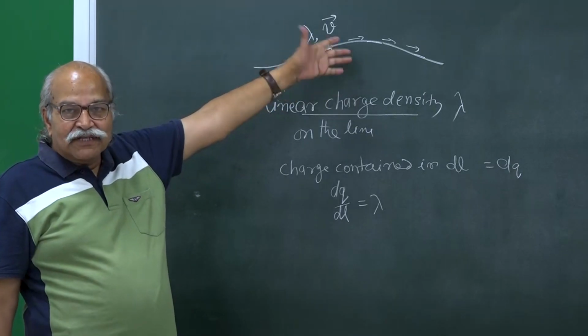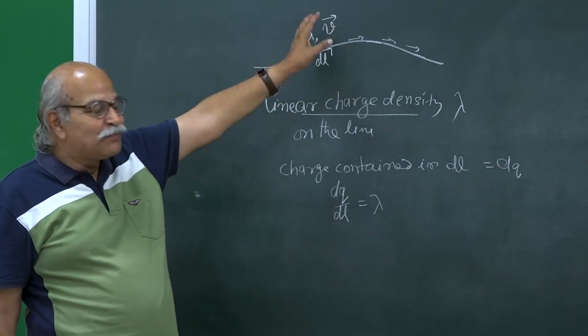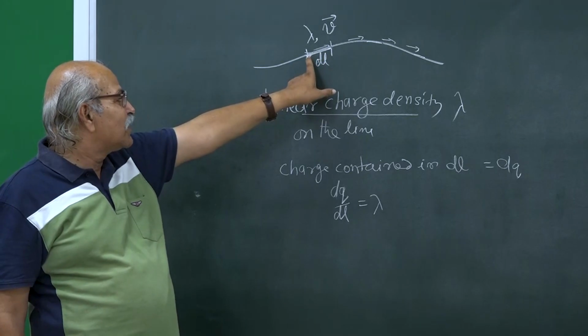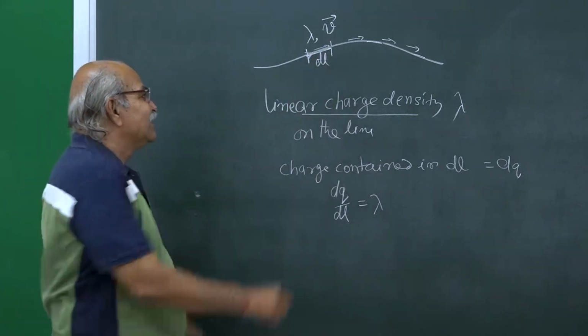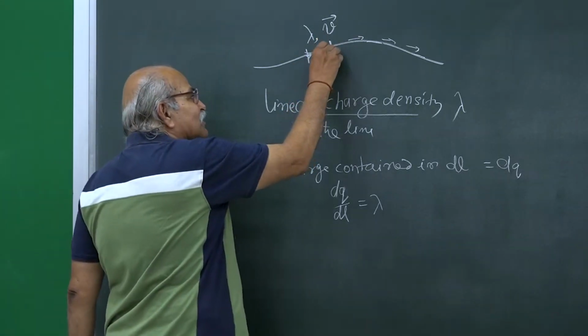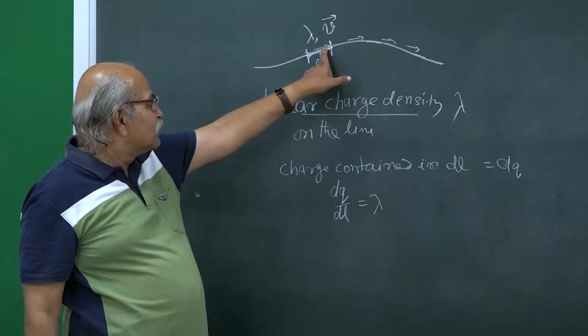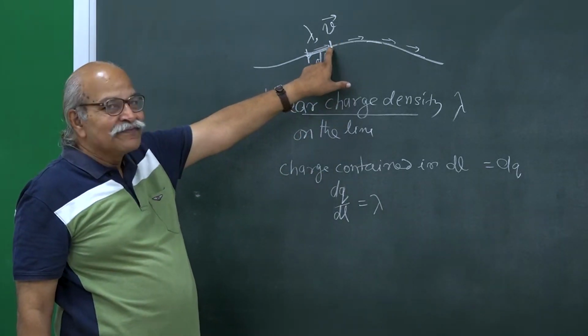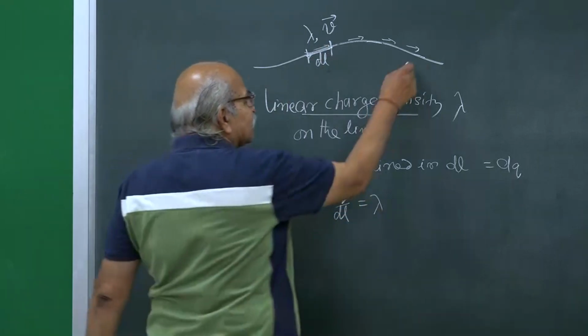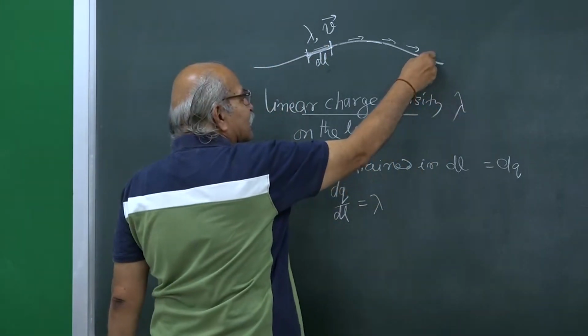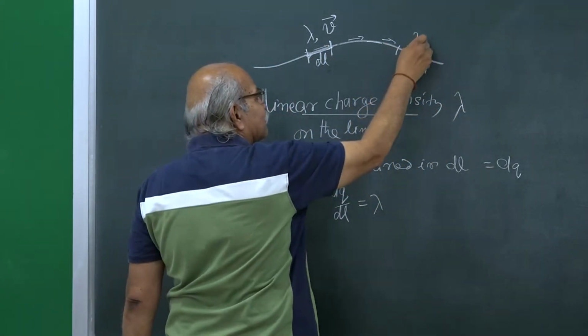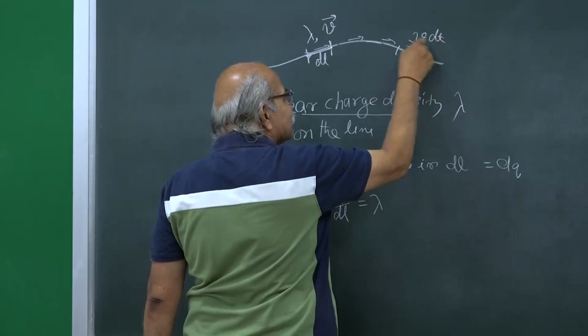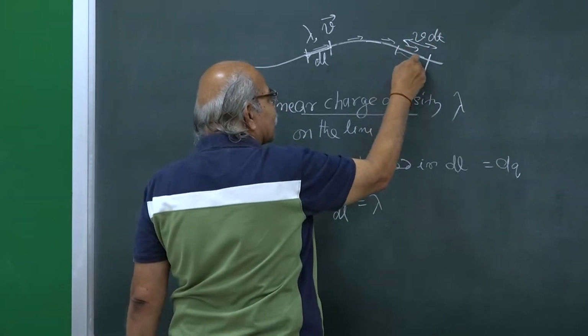You can work out in a similar fashion what will be the current, how much charge will cross this point, from left to right. Once again the same story: if you consider this point and take a length v times dt, how much is the charge here?